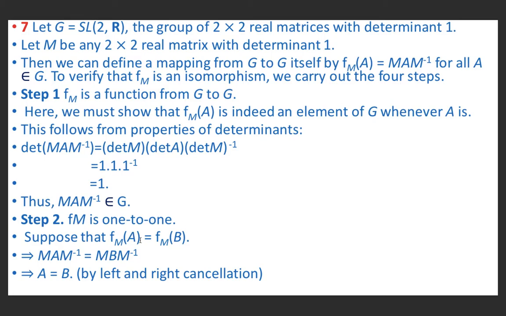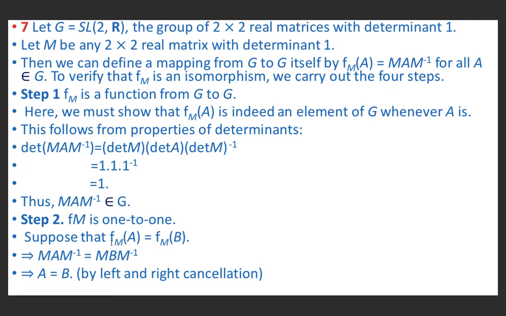Suppose F_M(A) equal to F_M(B). We have defined here F_M(A) equal to M A M inverse. If we replace A by B, where B is also a 2 by 2 real matrix with determinant 1, then this will be M B M inverse. If we apply the left cancellation law, M will cancel out.